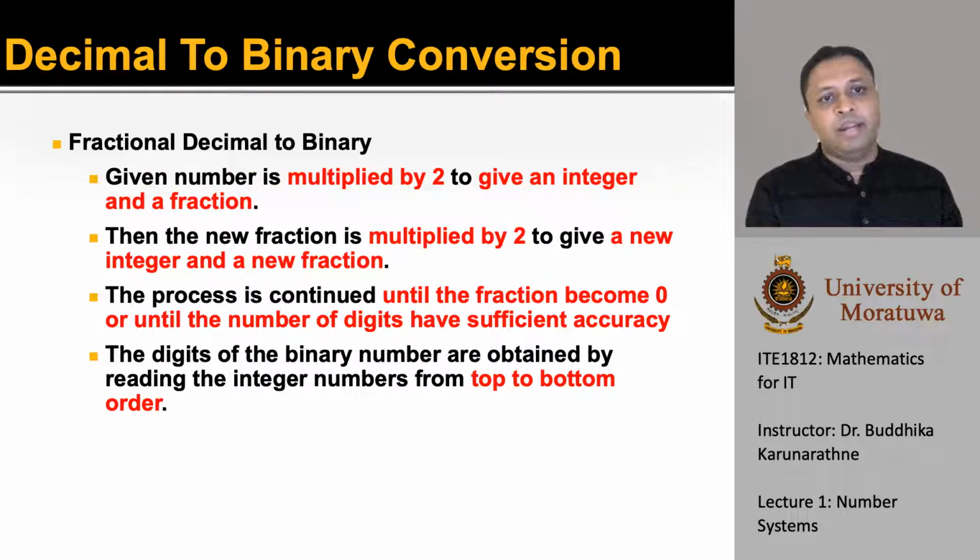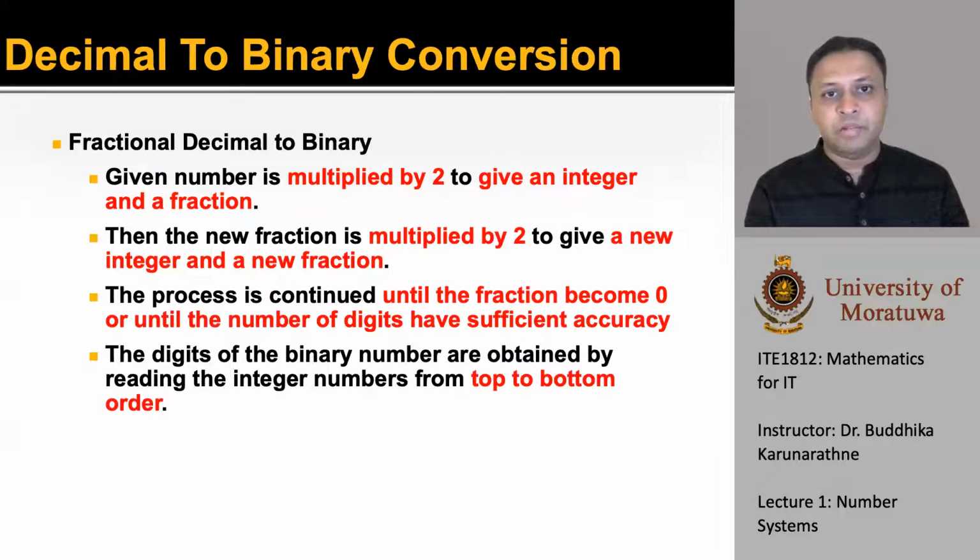And then we look at how we convert a fractional decimal to binary. The previous step was looking at integer decimal numbers, converting them to binary. In this case, the given number is multiplied by 2 to give an integer and a fraction.